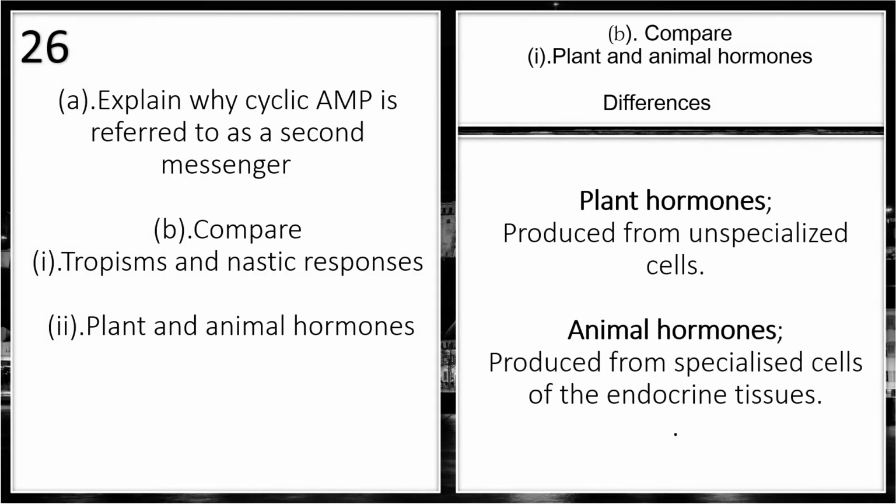Plant hormones are produced from unspecialized cells. Animal hormones are produced from specialized cells of the endocrine tissue.